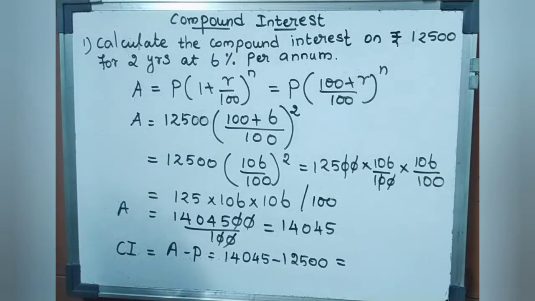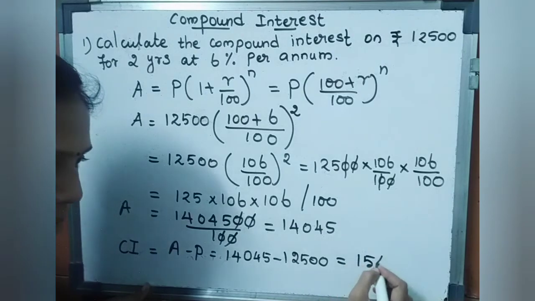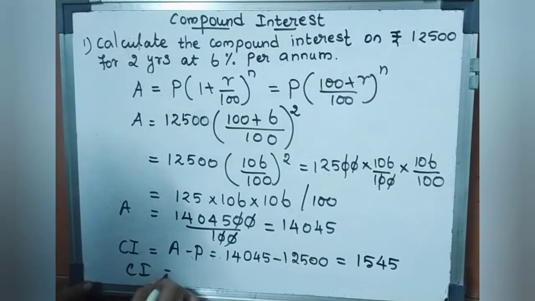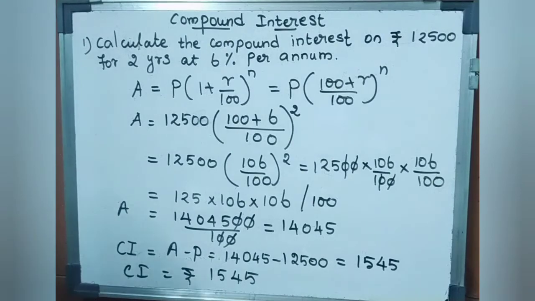So the answer is, compound interest is equal to rupees 1,545. So using the formula or without using the formula, we will get the same answer.